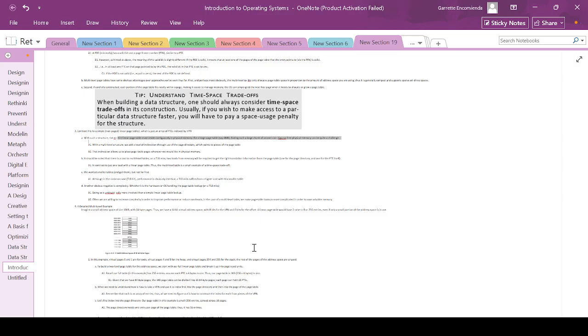Remember, we have solved that with pages, but then we had some issues with pages, which led us to the innovation of this multi-level page table. So we don't need contiguous pages in memory now.